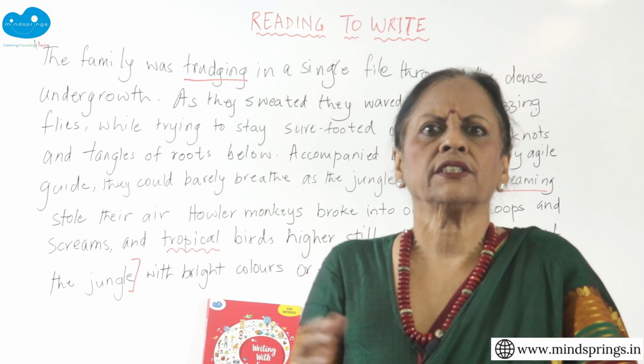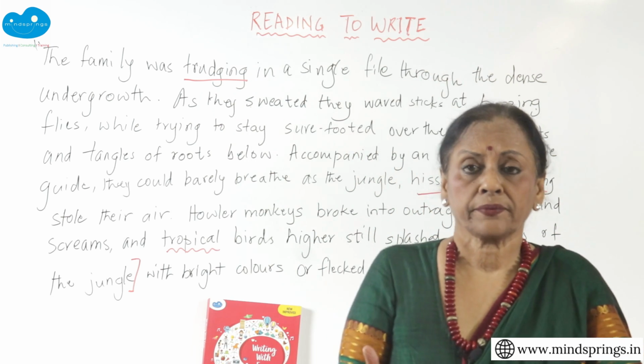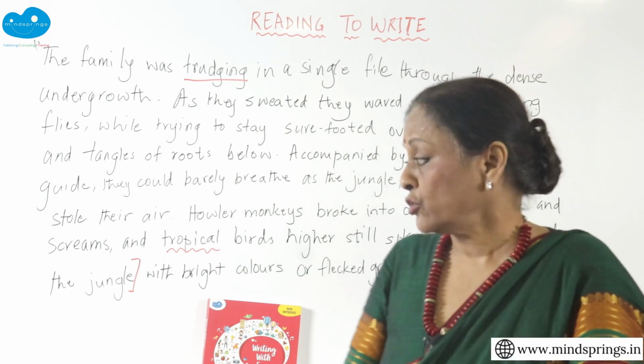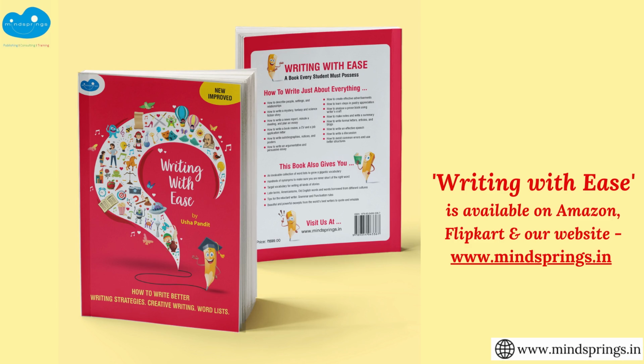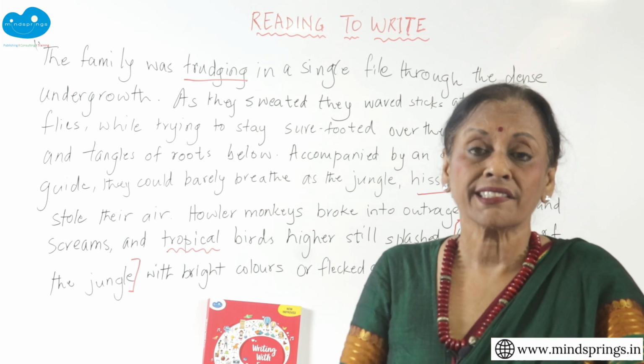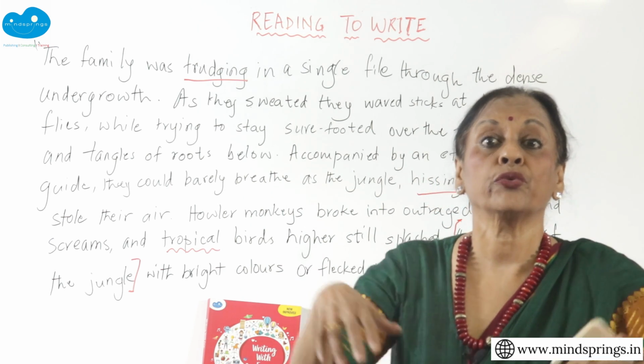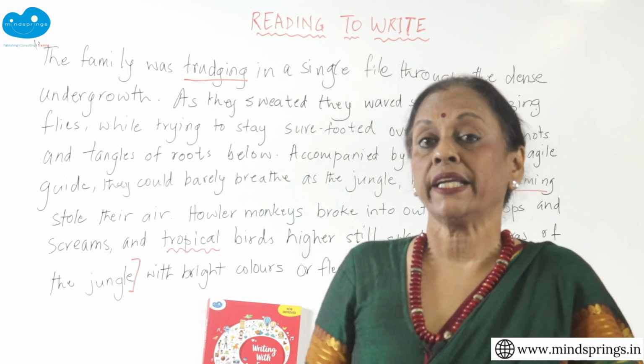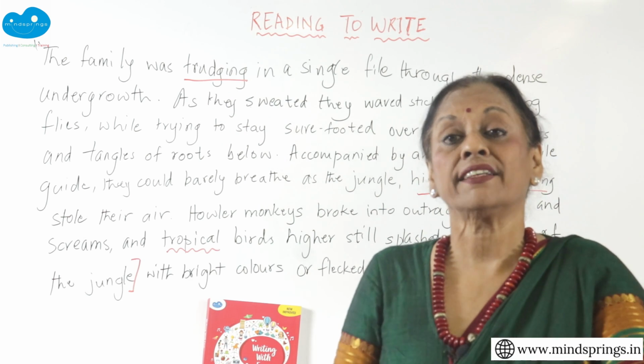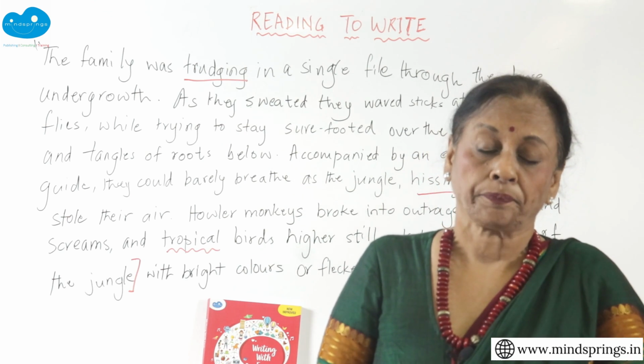This is the kind of passage that you can get from anywhere. My book Writing with Ease has a lot of wonderful examples that you can easily use for your students. If your students have the book, both of you can read it together. So there are many advantages in the students and the teachers having the book.